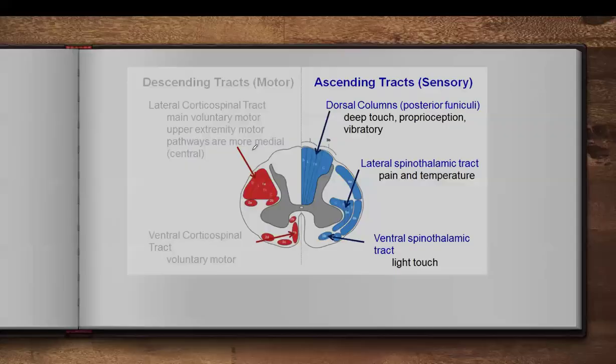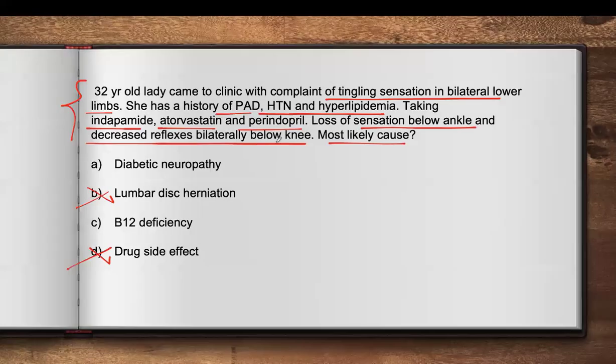Now let's come back. This patient has tingling sensation. That means, okay, it's neuropathy. Loss of sensation below the ankle, that's also okay. But we see decreased reflexes bilaterally below the knee.